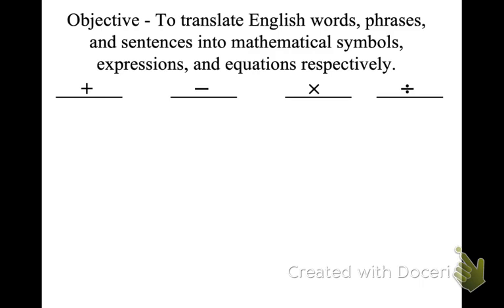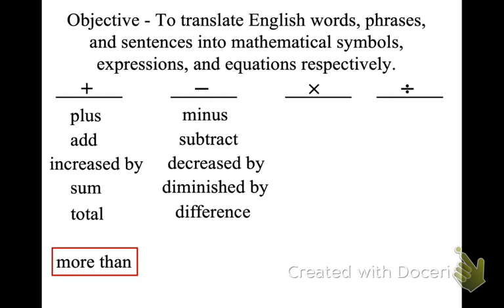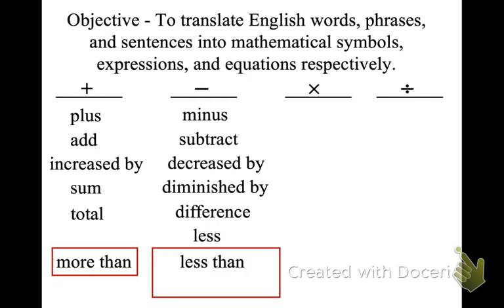Some words we might use for addition, for the plus sign, would be plus, add, increased by, sum, total. We also use more than. For subtraction, we might use minus, subtract, decreased by, diminished by, difference, less, less than, and subtracted from.